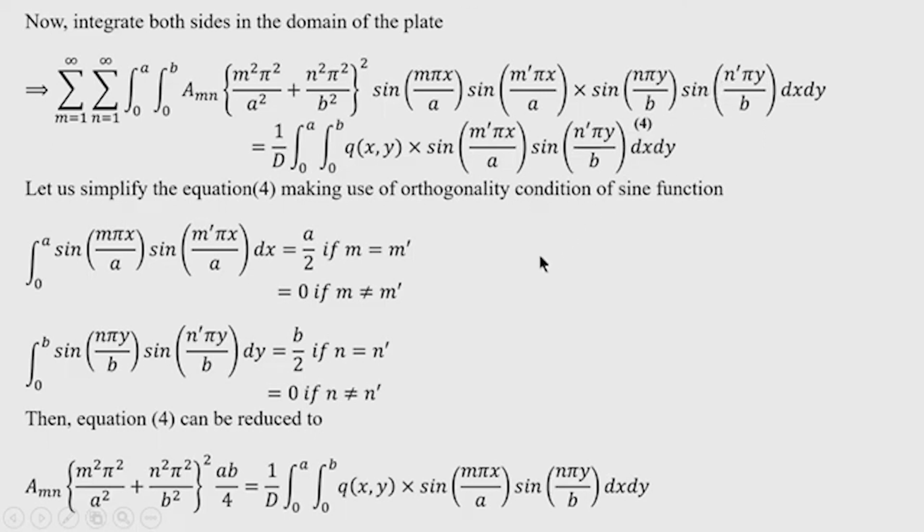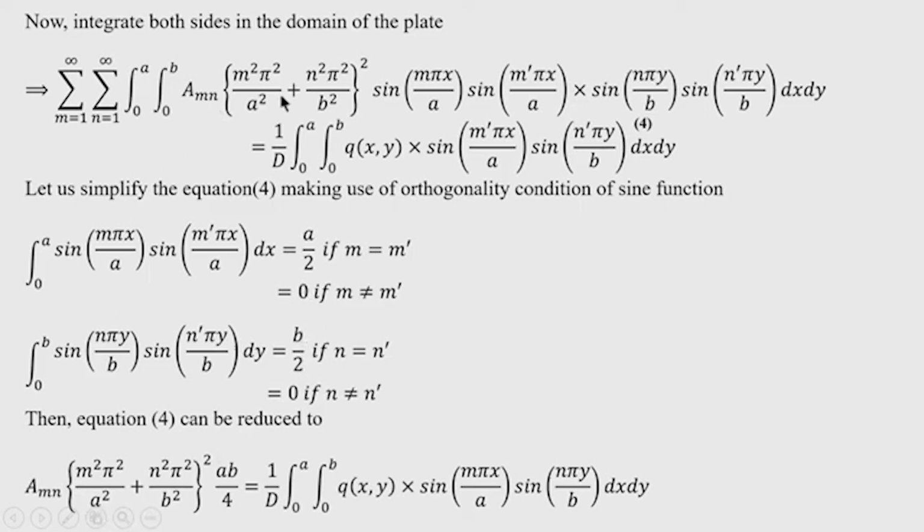Ultimately we are left only with the term sin square m pi x by a dx and sin square n pi y by b integrated with respect to y from 0 to b. Two integrations are needed here for m equal to m dash and n equal to n dash, and obviously the result will be a by 2 into b by 2.